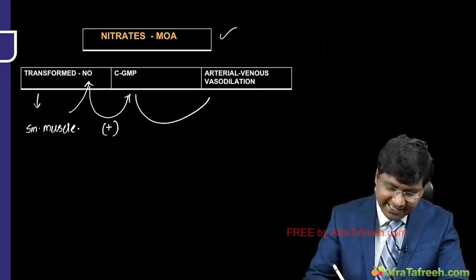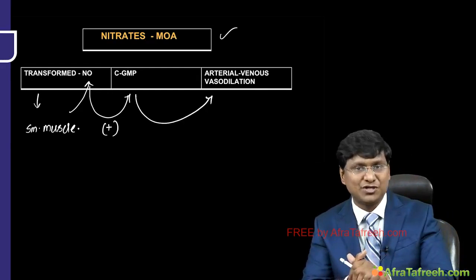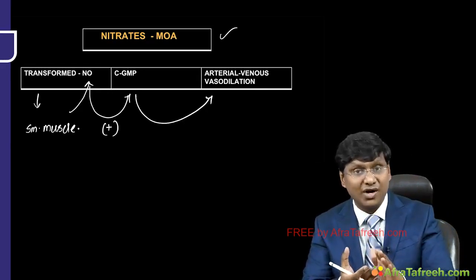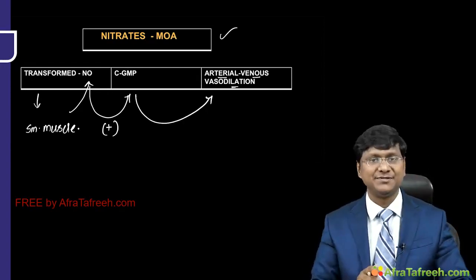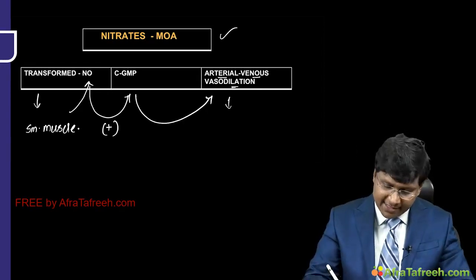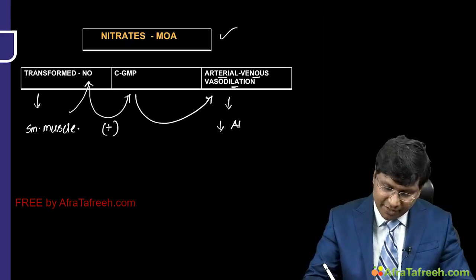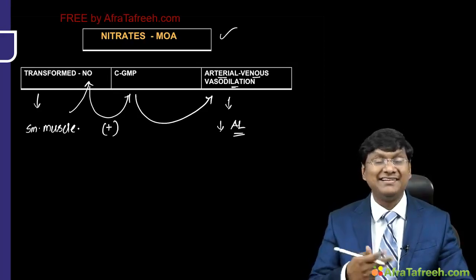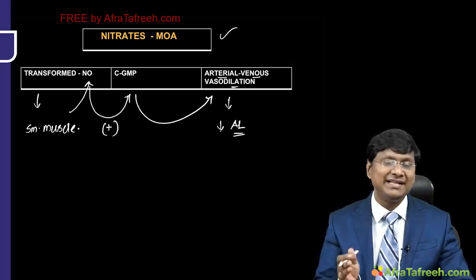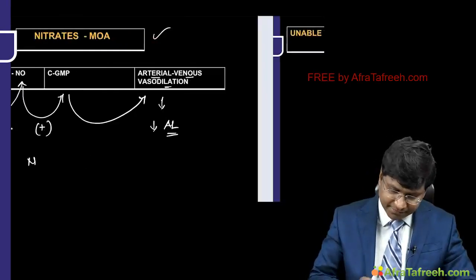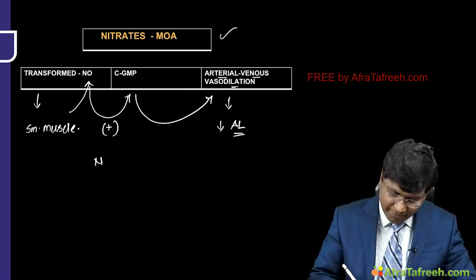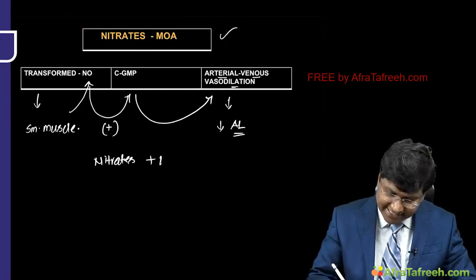Now this cyclic guanosine monophosphate will cause arterial and venous vasodilatation, and that will reduce the afterload on the heart, reduce the mortality, and improve the survival.